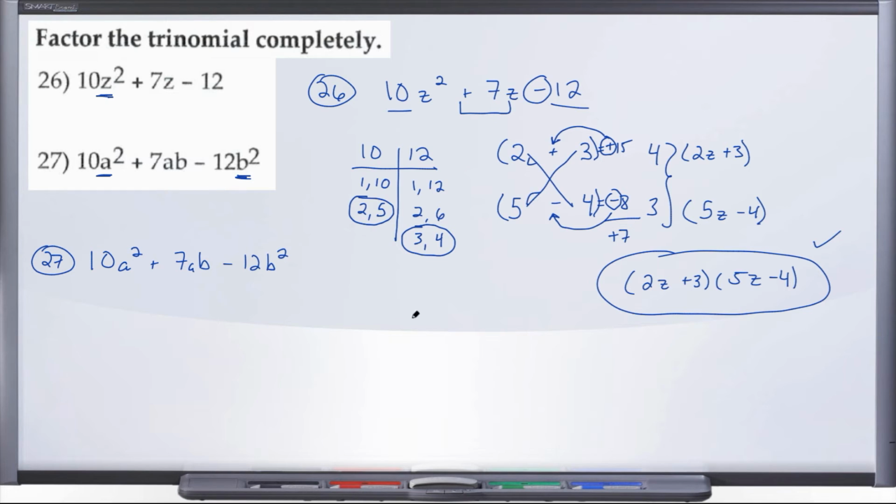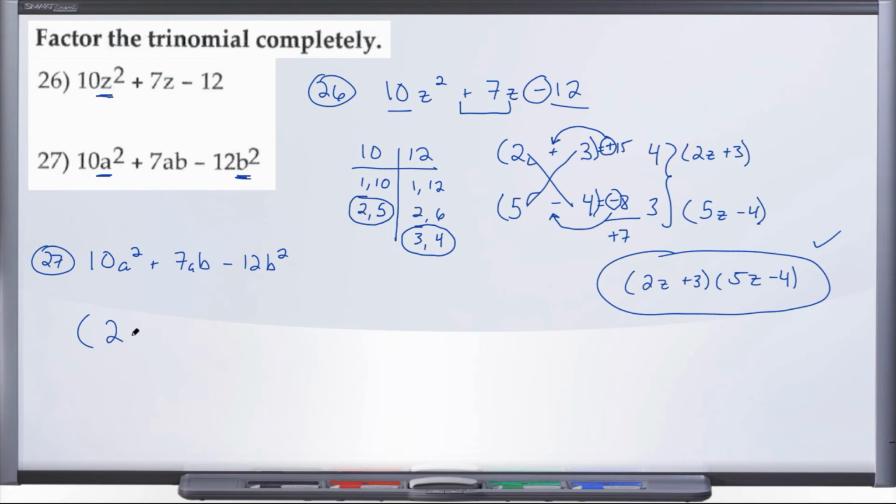And so we could go through this whole process of listing our factors, and we'd wind up using the exact same numbers, except the only thing that's going to change is the leading variable, because the variable changed from z to a. And instead of just having a constant as the last term in each binomial, now we're going to have the same number, the coefficient, and we're just going to put a b on the end.